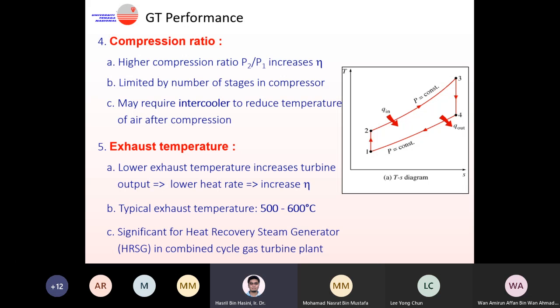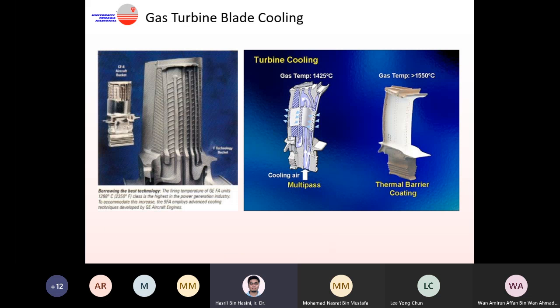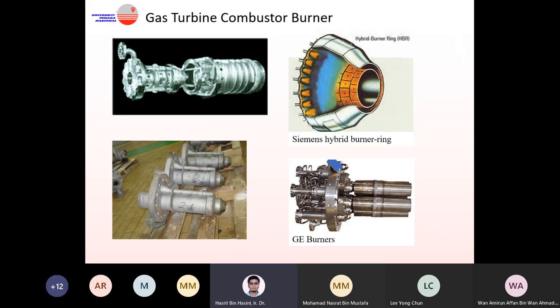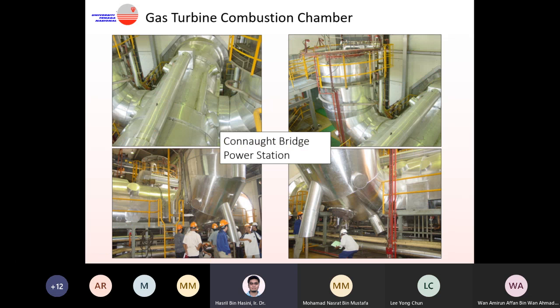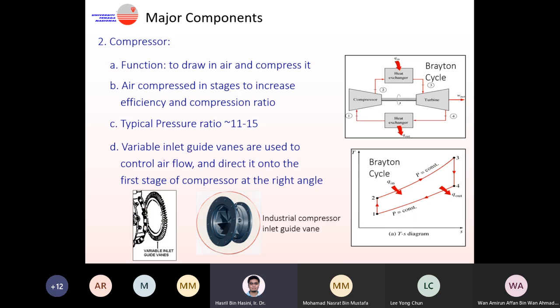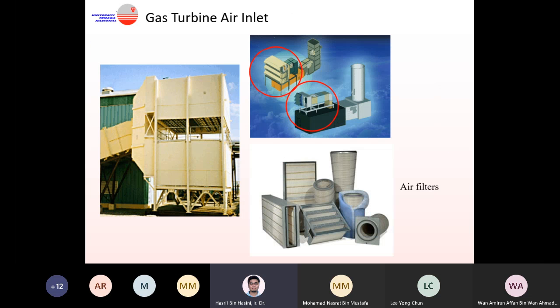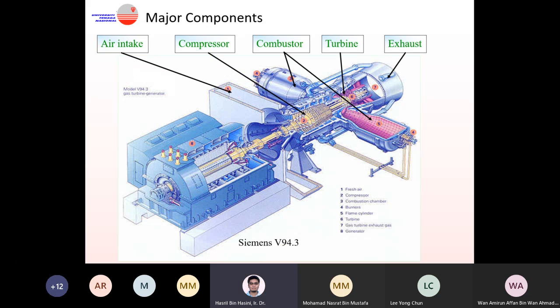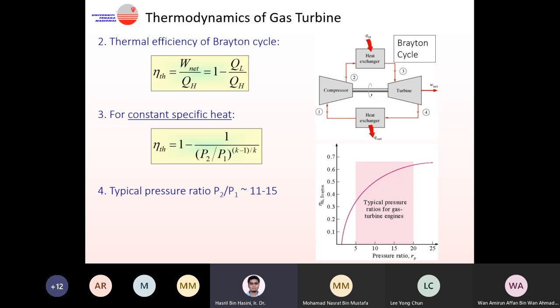In addition to that, we have seen from our previous slide, let's go through it here, the relationship between the efficiency and the compression ratio, which is given by this graph.